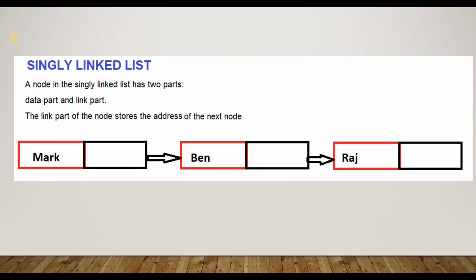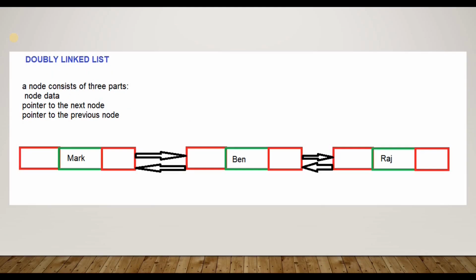When you go to the second node, it has the data of Ben and the address of the third node. The third node has the data of Raj and its address pointing towards null because that is the last node.